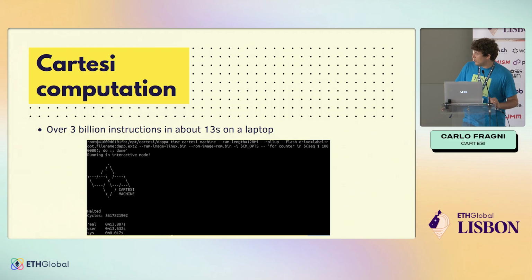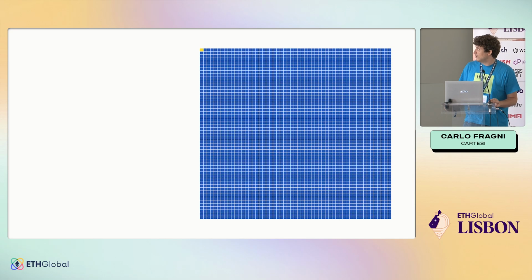Now just another comparison. I've done some dumb computation here using a shell script, and that took 3.7 billion CPU instructions, okay? And on a regular laptop, that took about 13 seconds, which is the average block time of Ethereum. So just to have a perspective of how that compares to those 30 million instructions you can have in an Ethereum block, it's this grid.